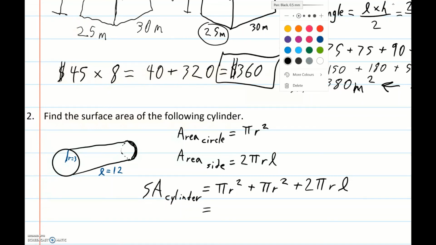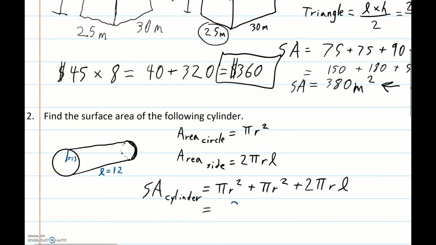Okay? Now, to do some substitution here, now when we want to get rid of the r's and the l's, I'm going to use different colors. So instead of r, I'm going to write a 2, 2, 2, and instead of the L, I'm going to write a 10. No, wait, what do I have? I'm just making these numbers up. I have completely different numbers. 3, 3, 3, and the 12.